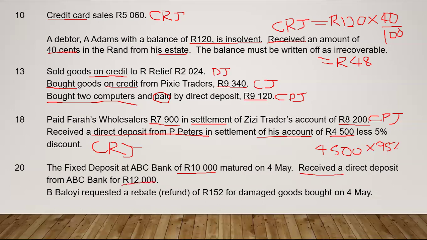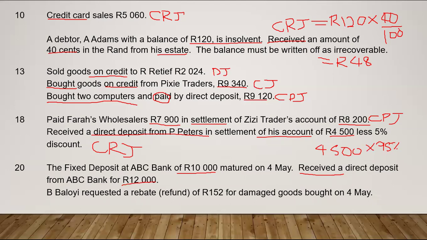So it means that this money that we invested, we only invested 10,000 rand, but we're getting back 12,000 rand. So what is that 2,000 rand? It is the interest. So when you invest your money, it'll come back to you with interest.